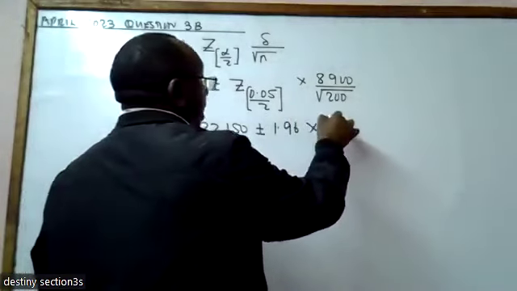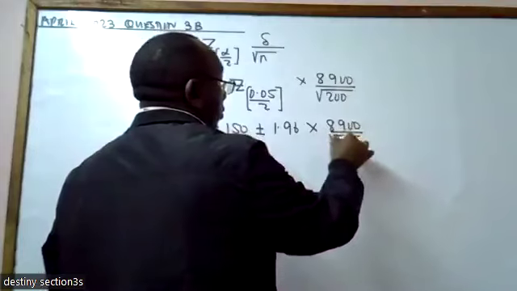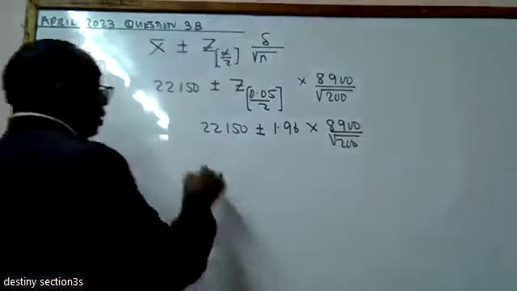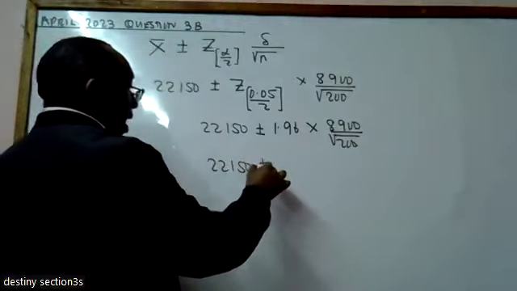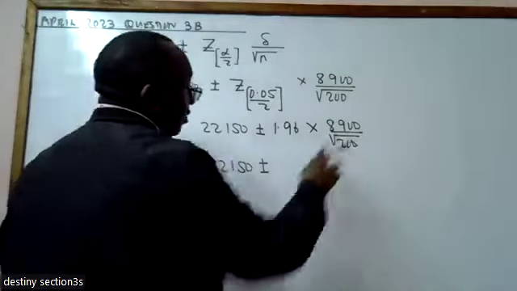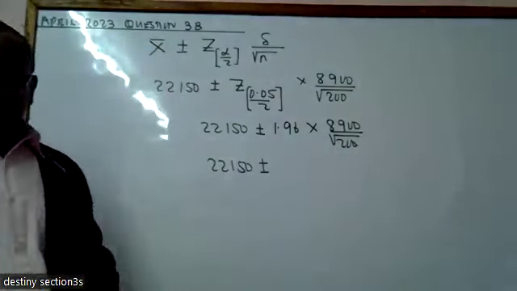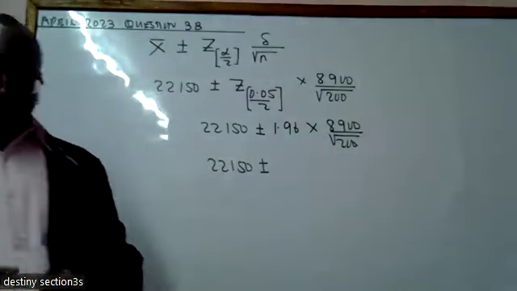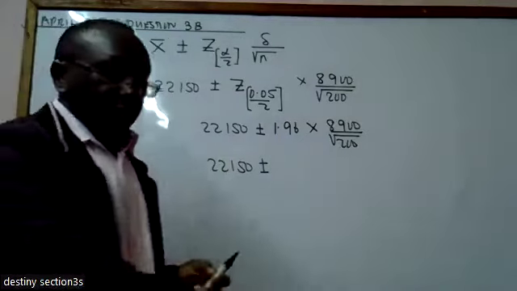Then now multiply by 8,900 out of the root of 200. So 22,150 plus or minus, give me this value without a decimal.